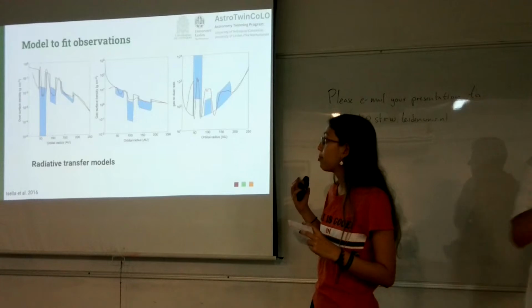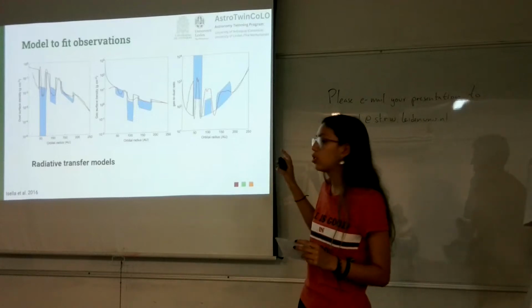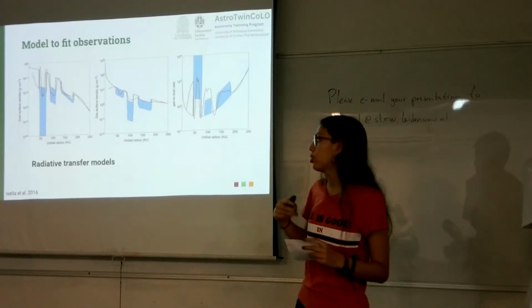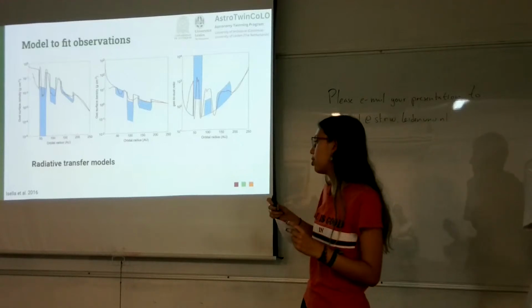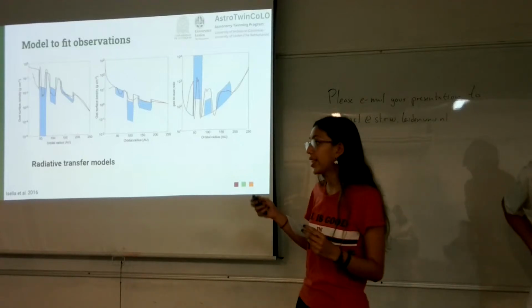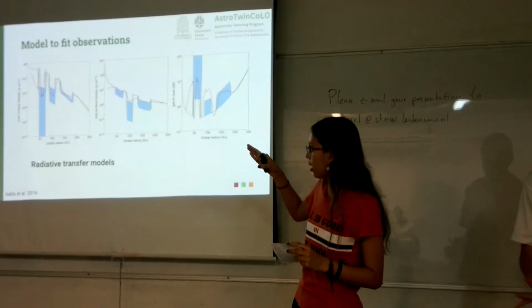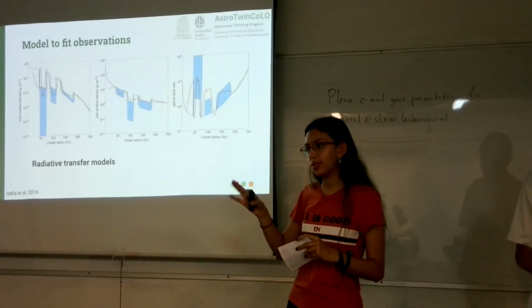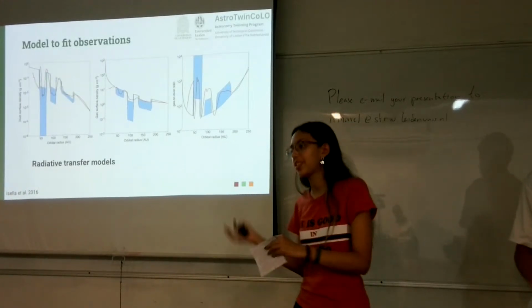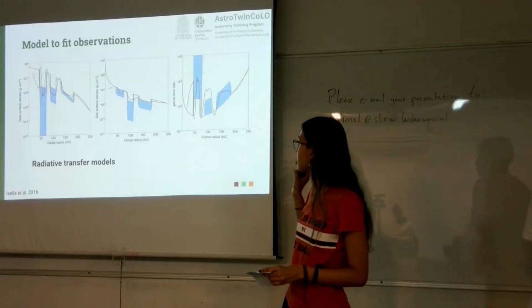They made a model to fit their observations, and that's why they found that the rings were at 60, 100, and 160 astronomical units.